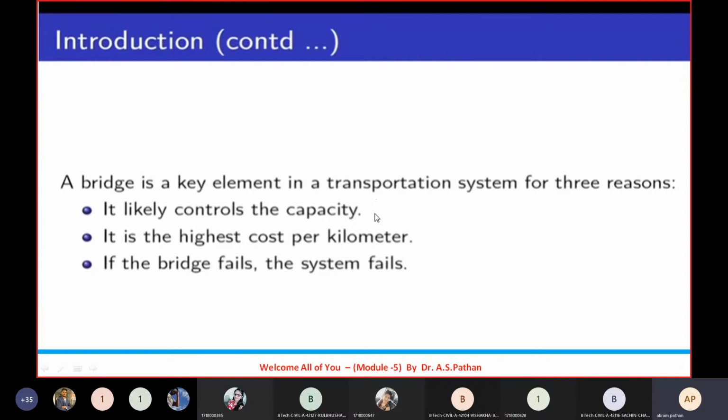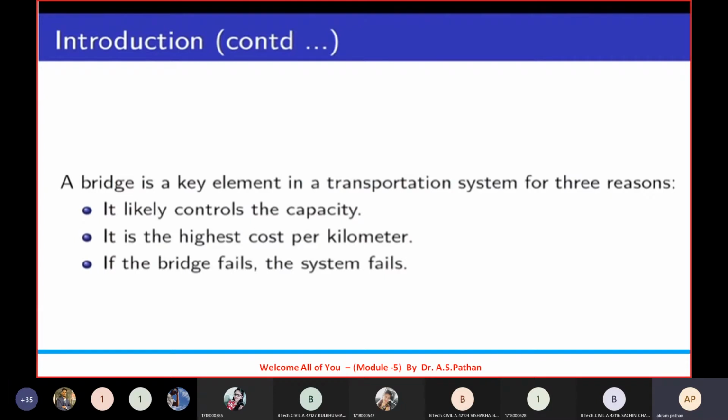Whatever the traffic congestion problem may be, and whatever the problems on the national highway, state highway, major district road, or even the minor road or village road, if you facilitate that way with the help of constructing bridges, then we can control or avoid the congestion of traffic in the city area, in the village area, and in the passing of goods from one part of the city to another.